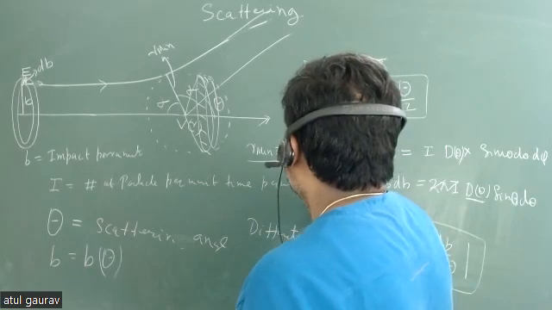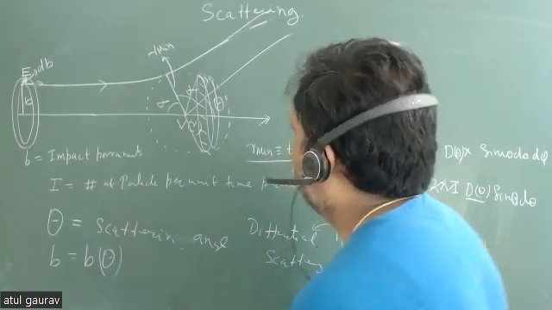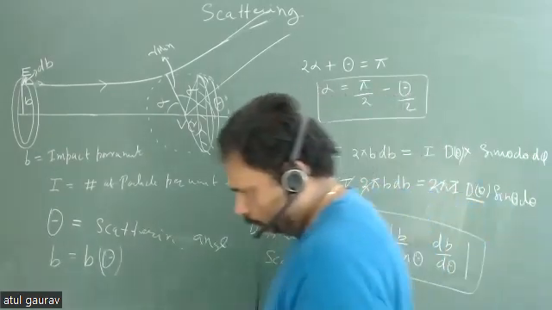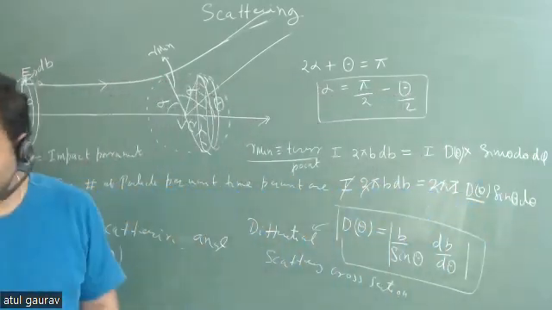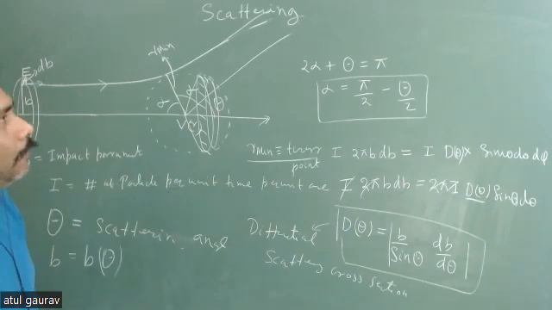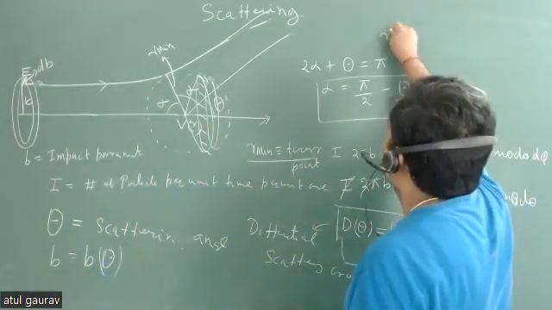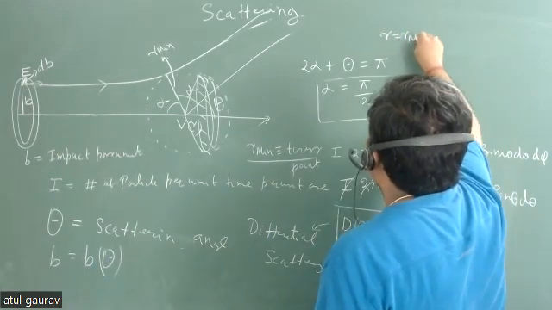Do you remember? What will happen at the turning point? Kinetic energy zero, radial velocity zero. Sorry, what will happen at the turning point, at R equal to R minimum?